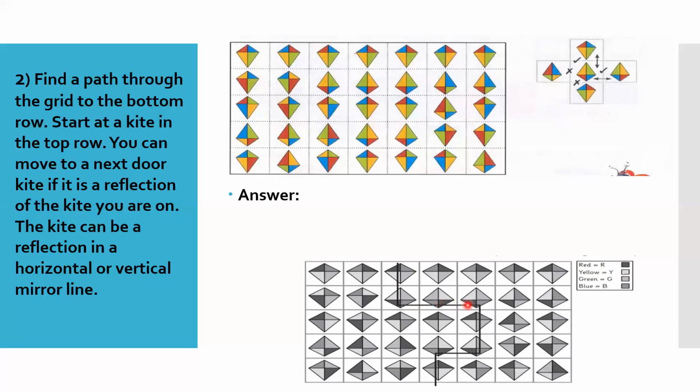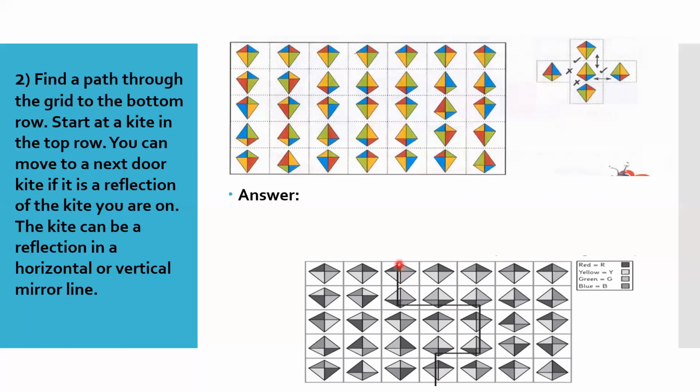Then again you are moving towards the next one. From there you are moving to this one. These all are the flipped images, either in a horizontal or vertical way, of the mirror line. Then again you are moving towards this one and reaching the bottom row.